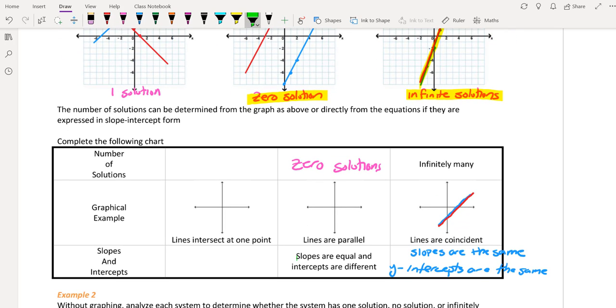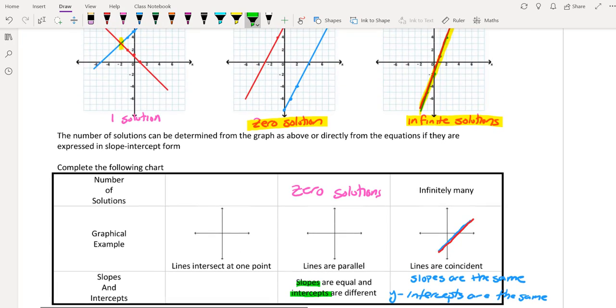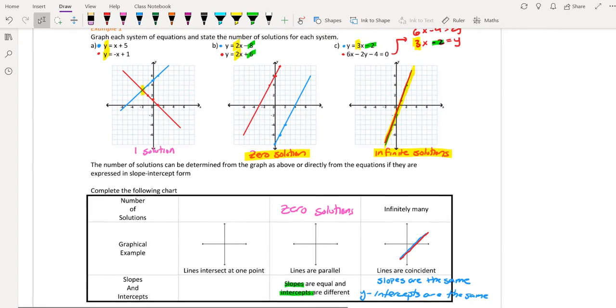So the slopes are equal, the intercepts are different. In this situation, what we end up having is 2 parallel lines. When things are parallel, they will never cross each other. So in this situation, there will always be 0 solutions.